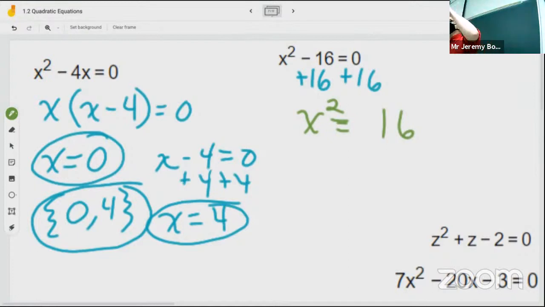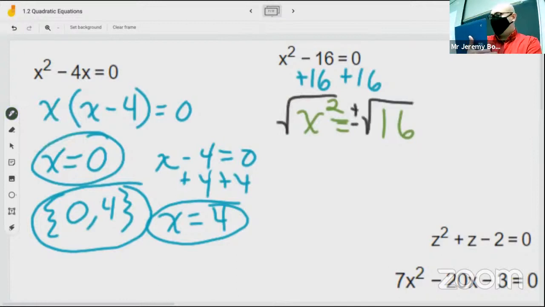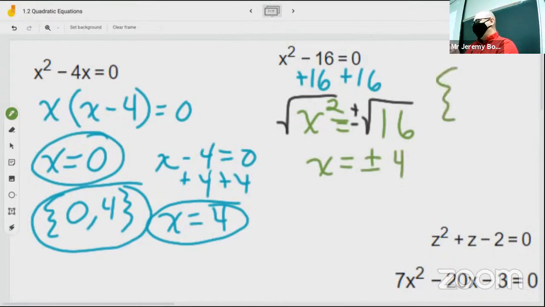If you have a term of x squared equal to a non-negative number, we can do the square root method. And so what you'll get is that x is equal to plus or minus the square root of 16, which is 4. And so your solution set will be negative 4, positive 4.